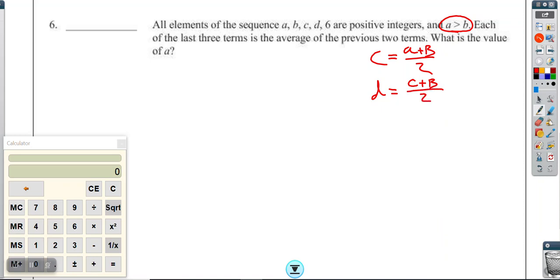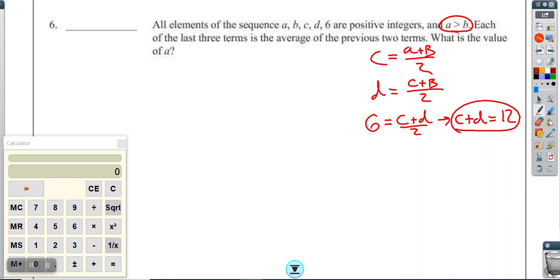All right. And so then that also means that the number 6 is equal to (C plus D) divided by 2. Well, so then that means that C plus D has to equal 12. All right, so that's going to be helpful.